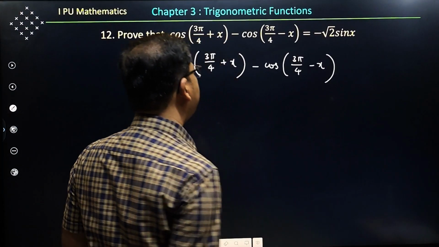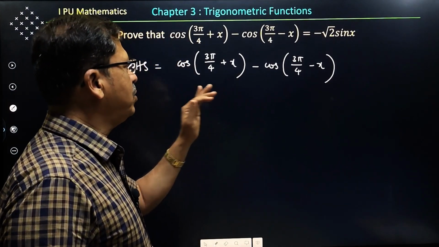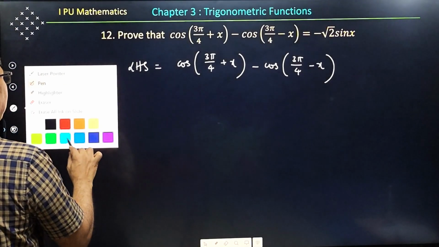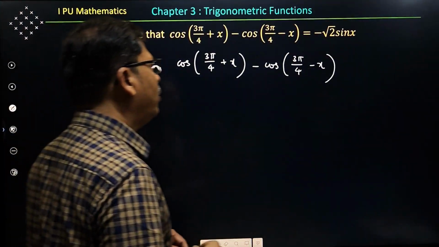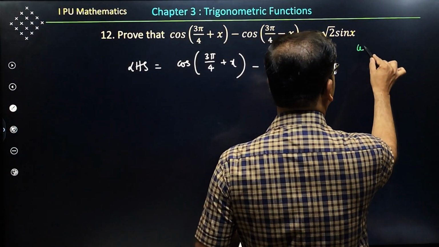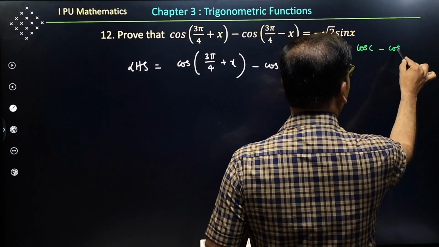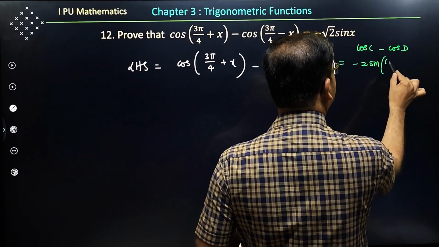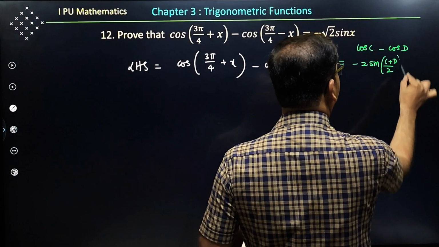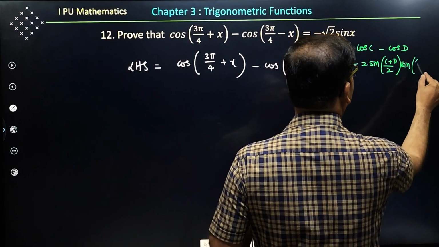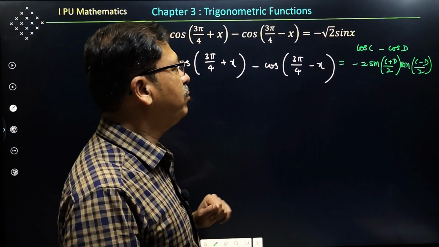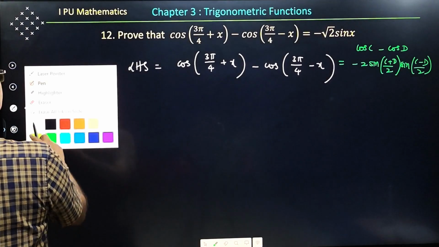Okay, this is cos C minus cos D. Recall the formula. Cos C minus cos D is equal to minus 2 into sine of (C plus D) divided by 2 into sine of (C minus D) divided by 2. So this is the transformation formula that you need to use here.